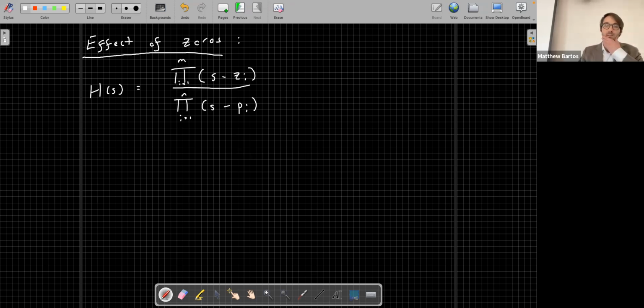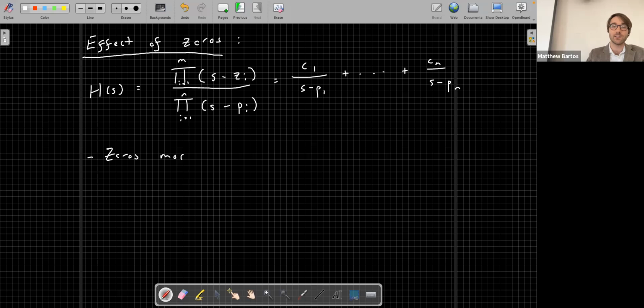Okay. And as before, you can write it as C1 over S minus P1, and so on, to Cn over S minus Pn. So zeros, effectively, what they do is they modify the gain associated with each pole, so that they modify these scaling factors C1 through Cn.